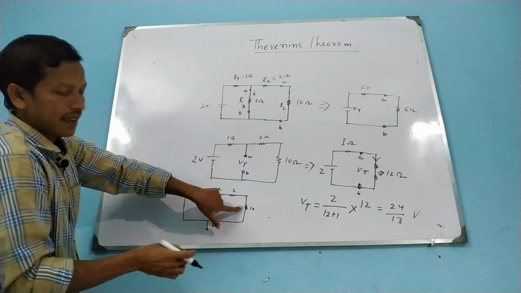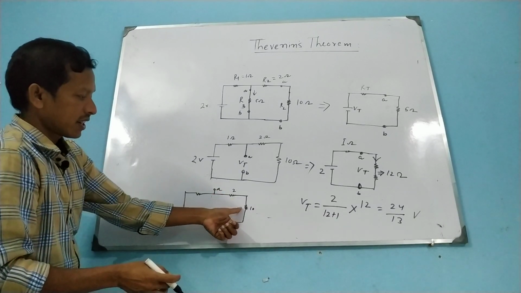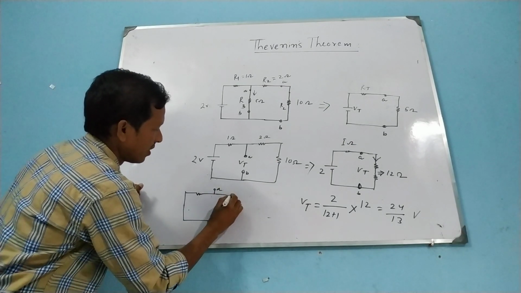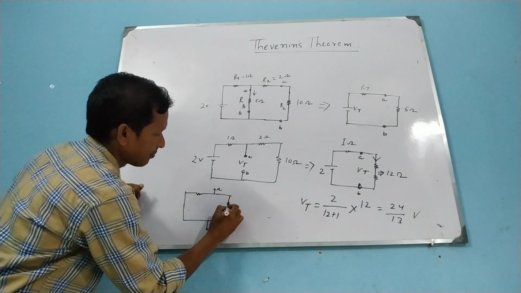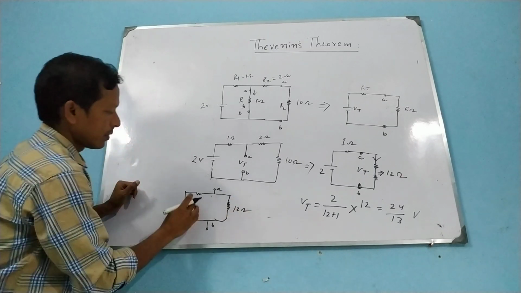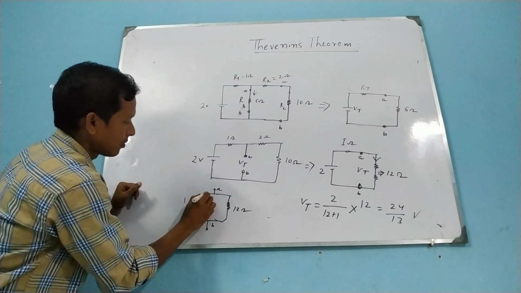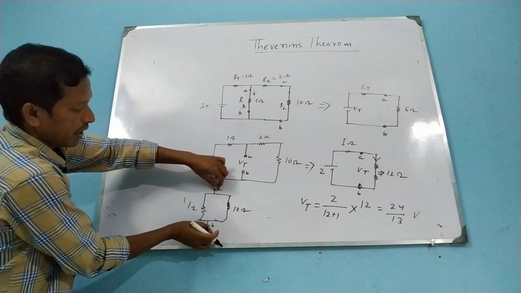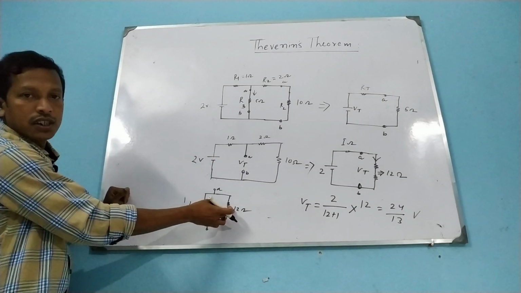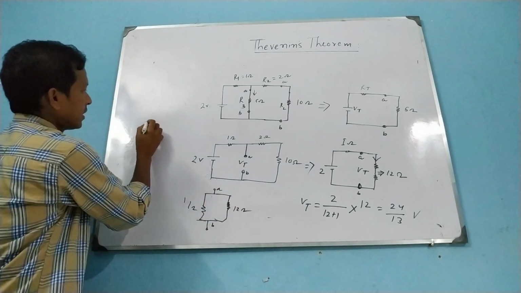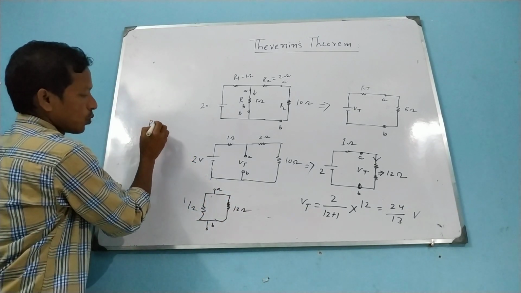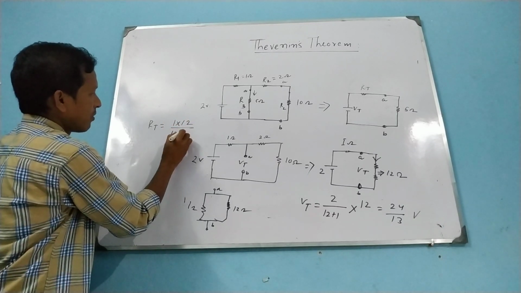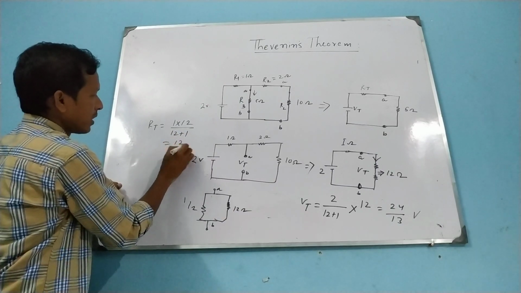Here 2 and 10 connect in series, and the total value is 12 ohm, and this is 1 ohm. So the equivalent resistance between the A and B terminals is the parallel combination of 12 and 1, and this is the Thevenin's resistance. So RT equal to 1 into 12 by 12 plus 1, this is equal to 12 by 13.